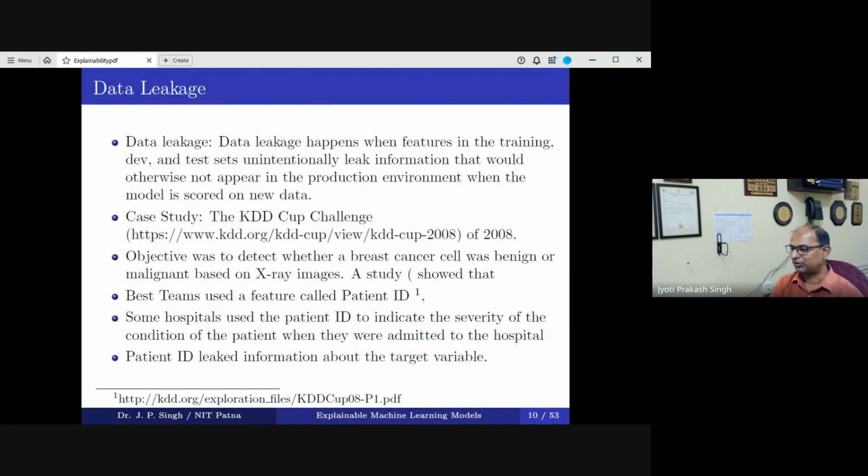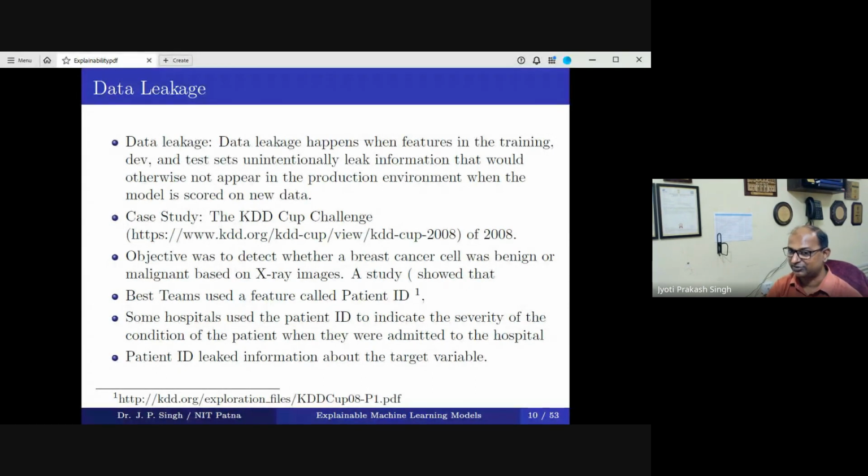All of you attending here will be surprised if you did not know this earlier. Why? Because you know that patient ID is not a field based on which I can say whether an X-ray image is benign or malignant. This is never thought to be that way, but it has happened.